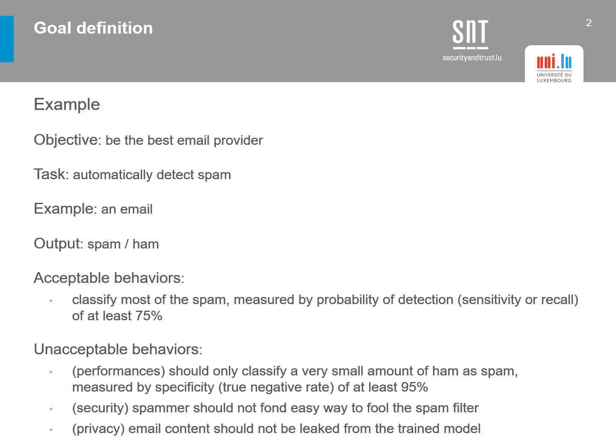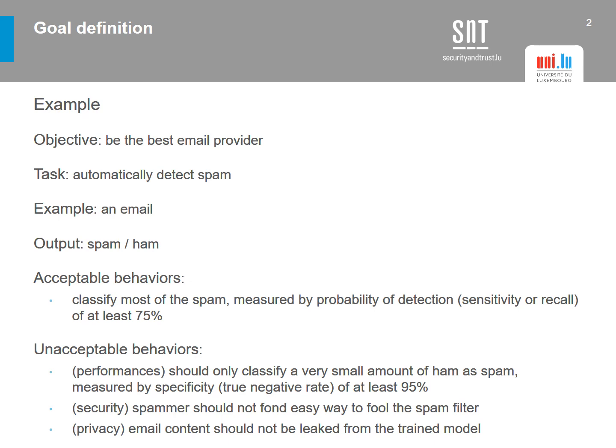What will be good is if the spam filter doesn't get fooled by the use of synonyms. If the spammer is changing or masking some words, then it should not change the output of the decision of the classifier.